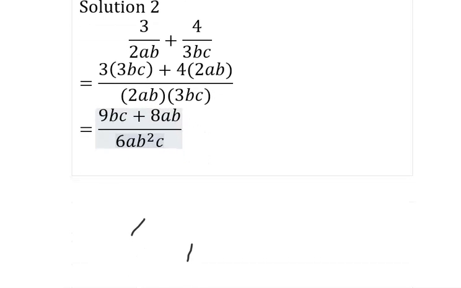So having done that, let's do away with this. Awesome. So having done that now, 9BC, 8AB. Okay, let's see if there's anything that is common that we can work with.